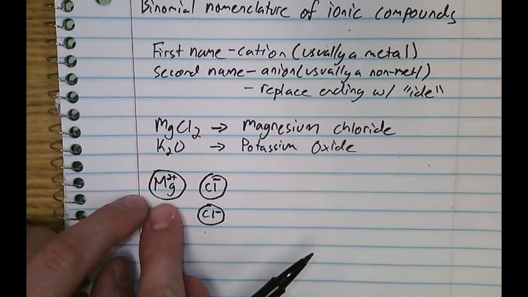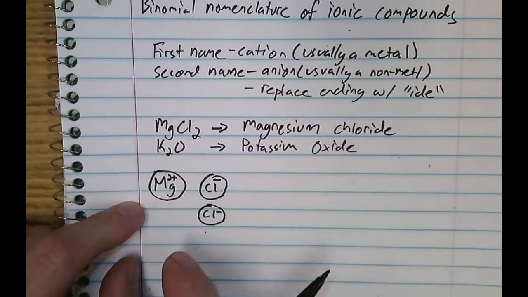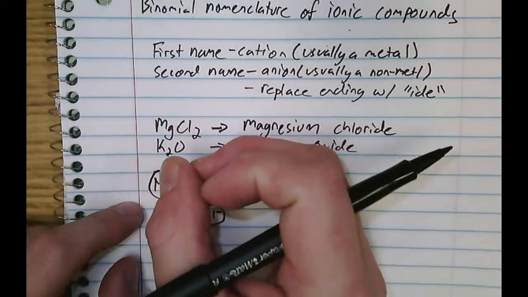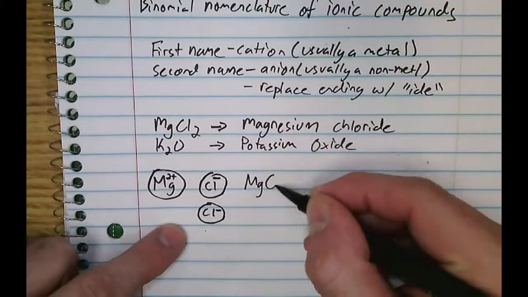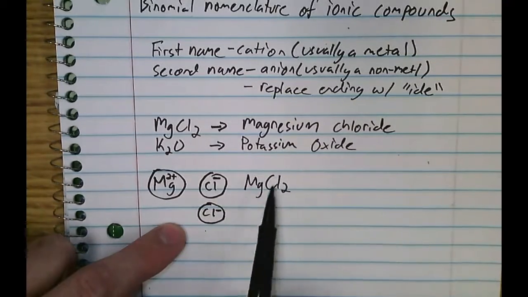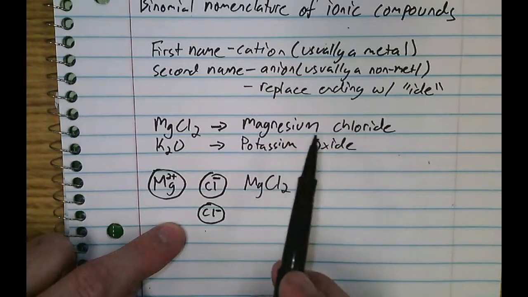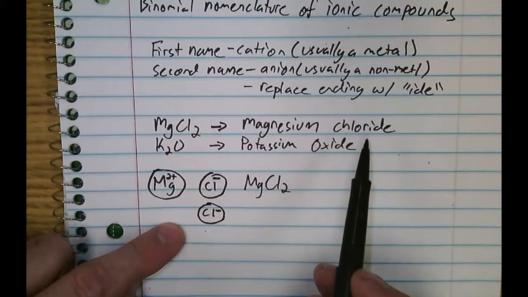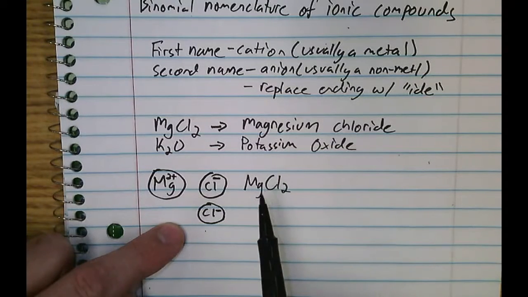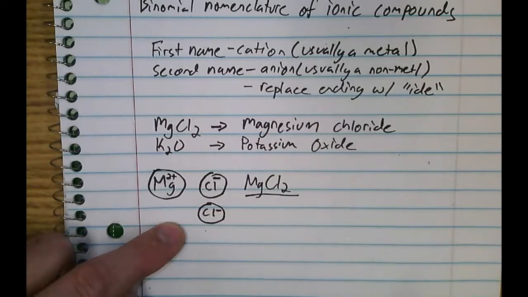Well, now I'm 2+ and I'm 2-, meaning I have a total charge of 0, so that would be 1 magnesium and 2 chlorine. So I'm able to recreate what I had based on the name. Okay, so for these ones, all you need to do is say the cation and the anion ending with "ide," and that will give you enough information to also be able to write the formula.